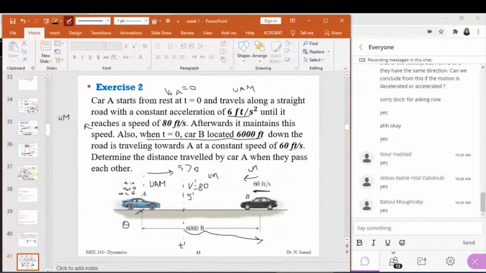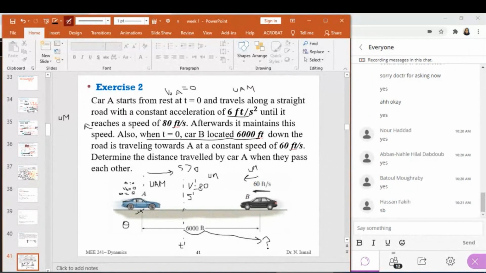Who can tell me what is this 6,000 feet? It's S0B, right? So this is S0B, guys, because when t is equal to 0, the position of B is 6,000 feet. That's it.